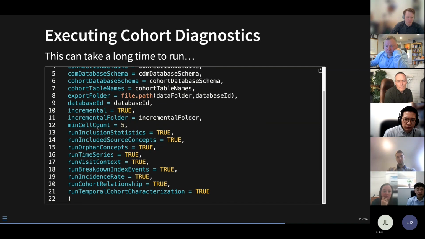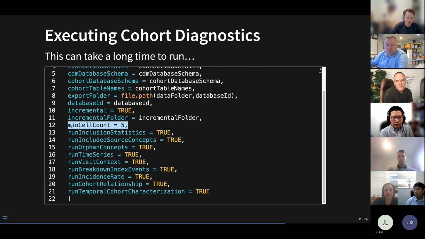And then crucially, the most important parameter, I think, from your own understanding of your data that will be limited according to your personal data compliance rules, is the min cell count. This is actually the minimum number of patients that can be aggregated before you share results.